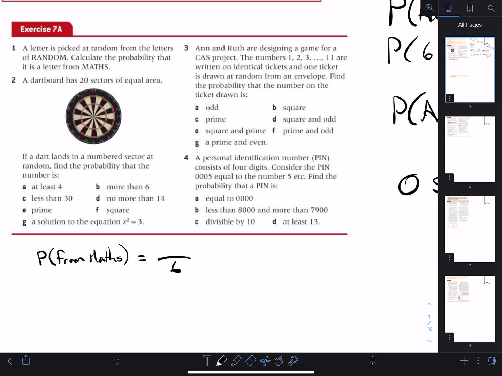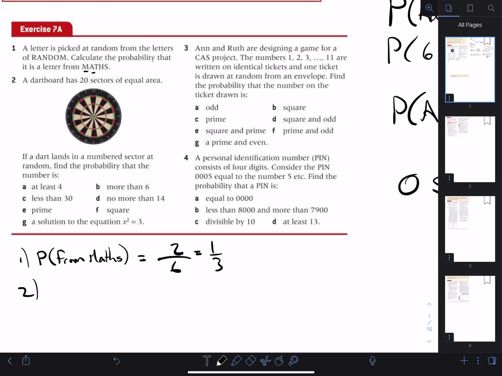There are 6 letters in RANDOM. And how many of them are in MATHS? You've got that one, that one, and that's it. So you've got 2 chances out of 6. I think I got that right. Then I would simplify that, although if you don't, it's not the end of the world.